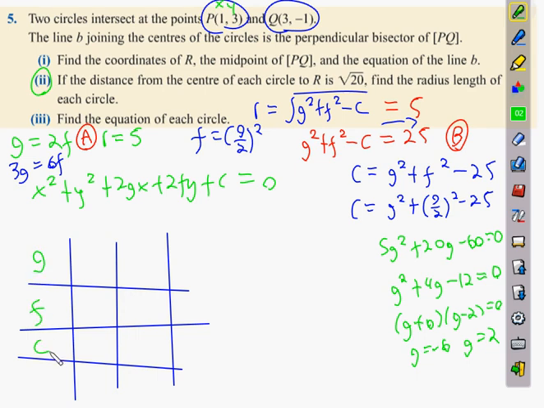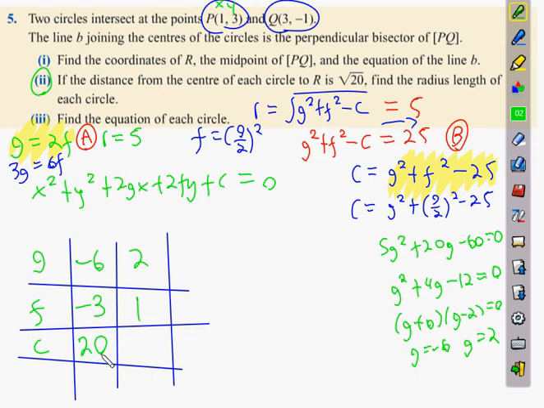So guys, what we're going to get is g is minus 6, g is 2. g equals 2 times f. That means f is half of g, which means that f is minus 3 and f is 1. The c value, guys, where's c located? c equals g squared plus f squared minus 25. g squared 36, f squared 9, 45. 45 minus 25? 20.